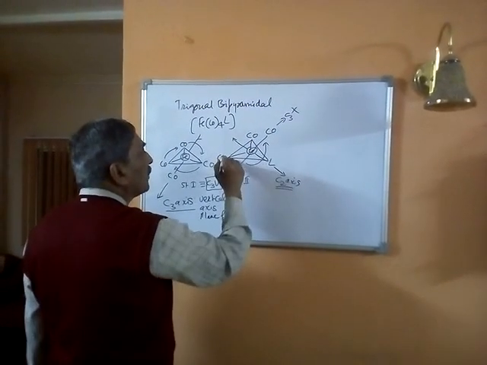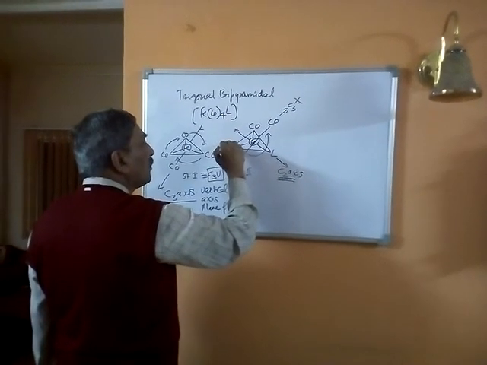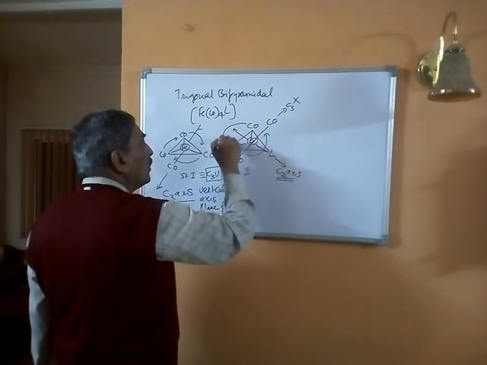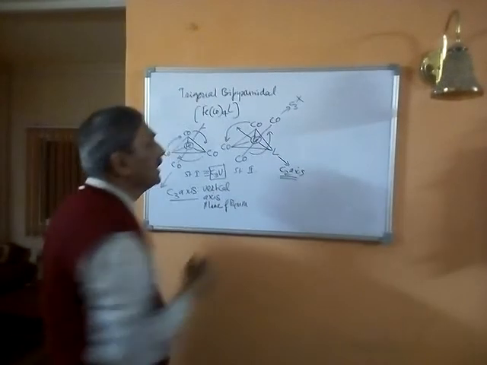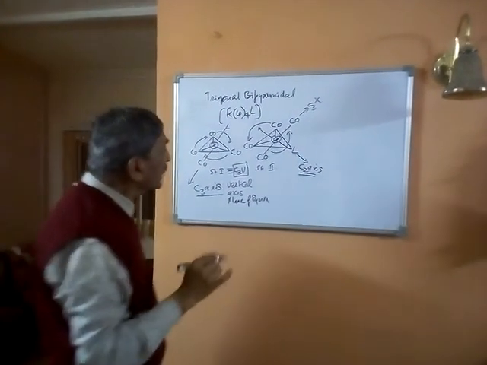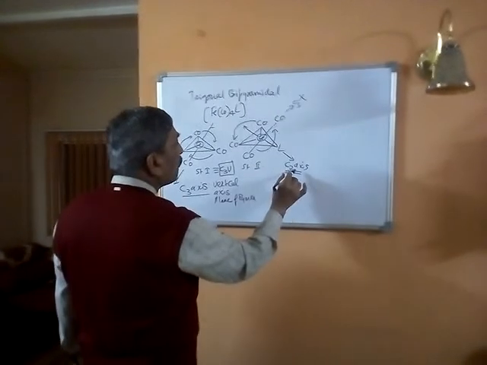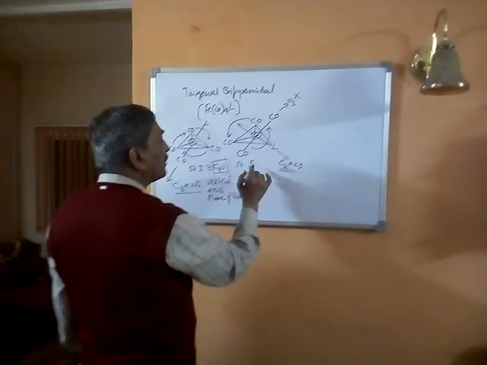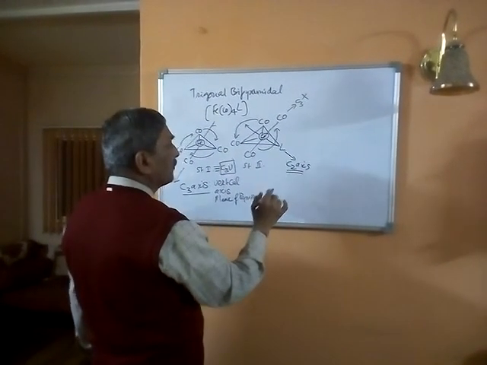In the same manner, the two COs in the equatorial plane are also going to move by 180 degrees from one side to the other side. Thus, the highest fold axis in structure 2 is the C2 axis.